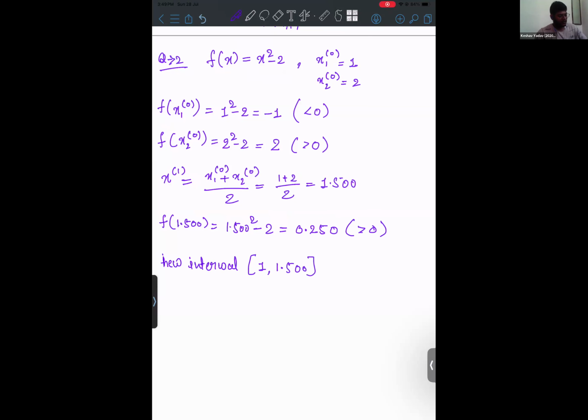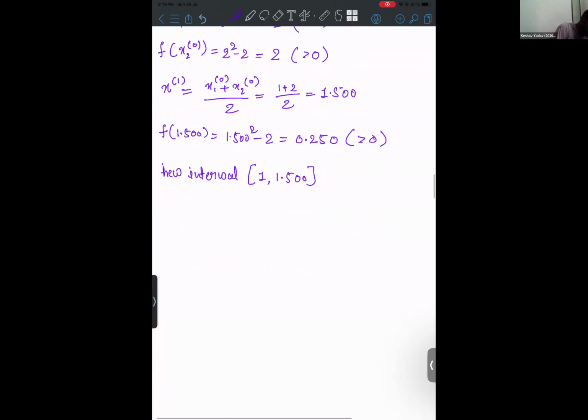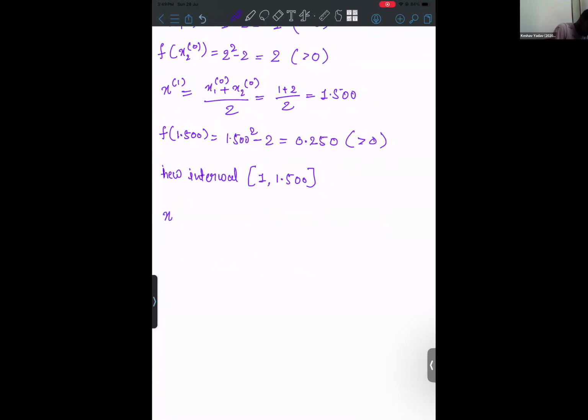Since the function has a positive value at x equal to 2, x equal to 2 will be replaced with the new value. Now we need to find x at second iteration, which is 1 plus 1.500 divided by 2.